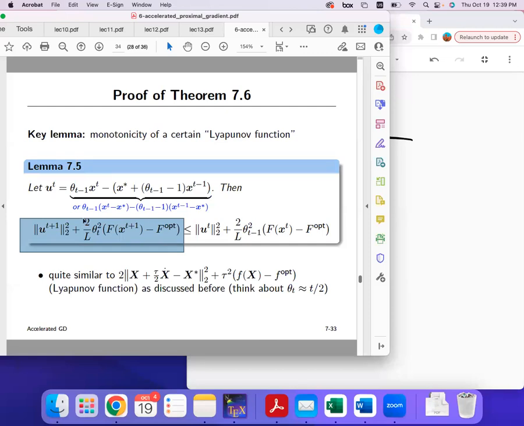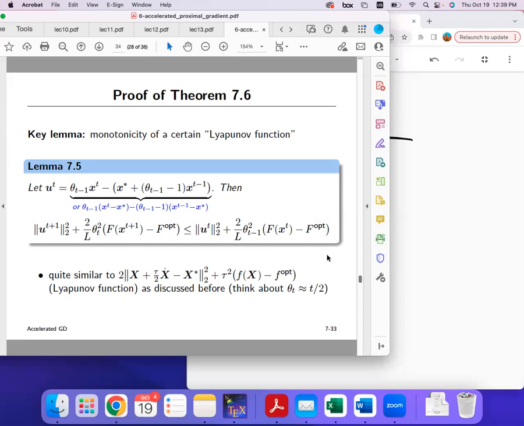The left-hand side is basically decreasing over the time t. And then we can utilize this inequality to do some analysis.